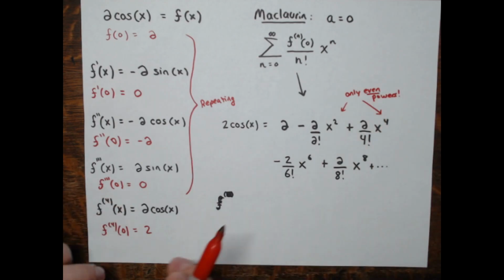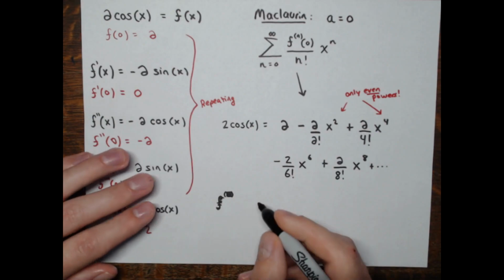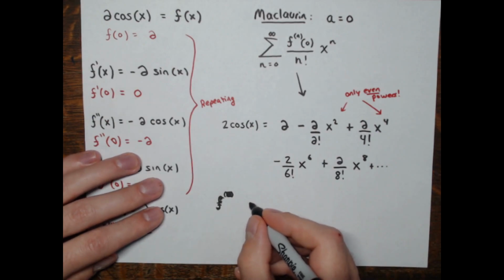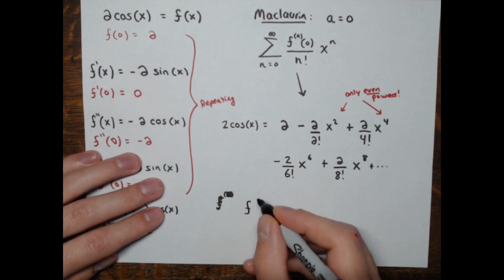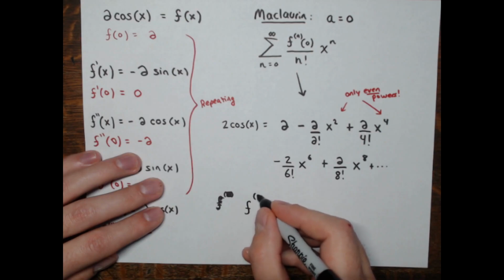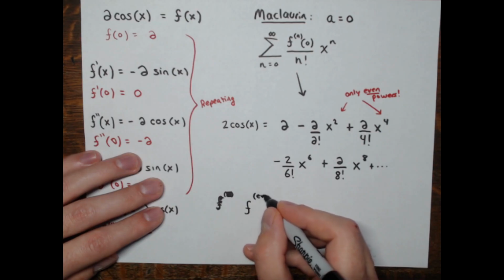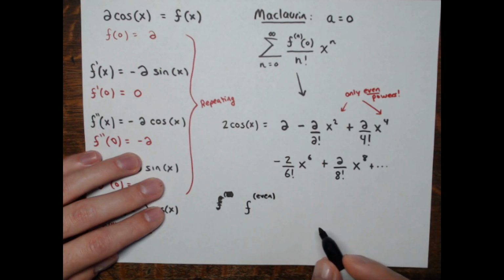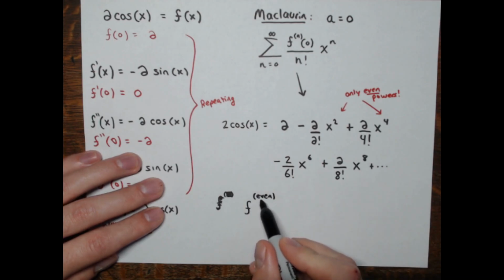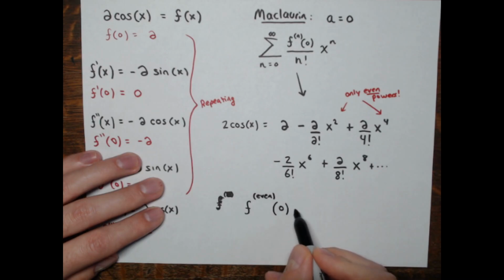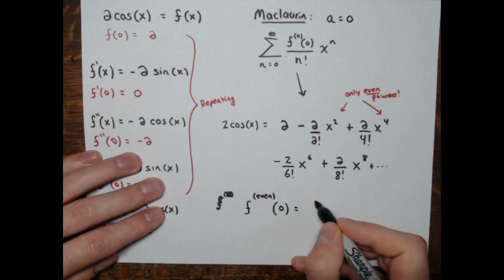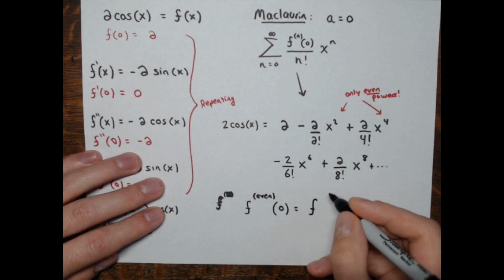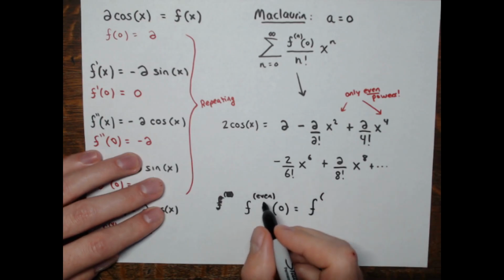I'm going to represent that as f sub the even derivative, the value of an even derivative at 0. Well, the way they represent even numbers quite often is as a multiple of 2.